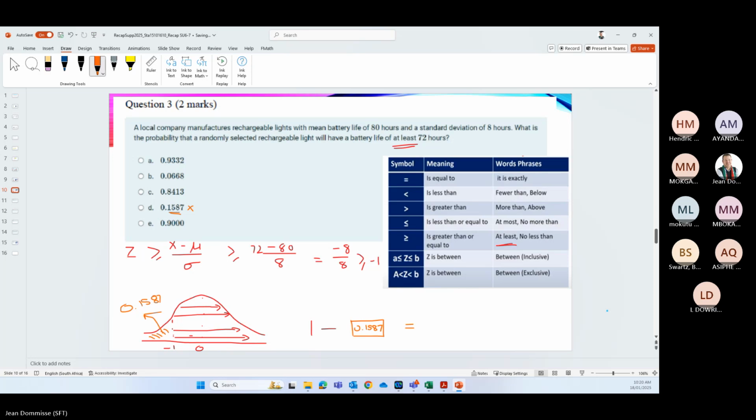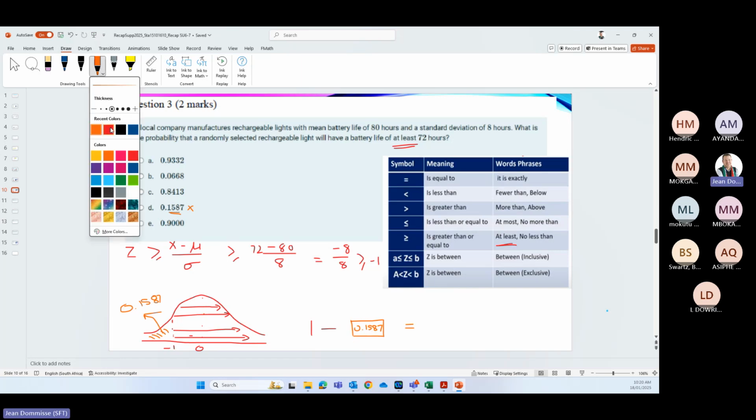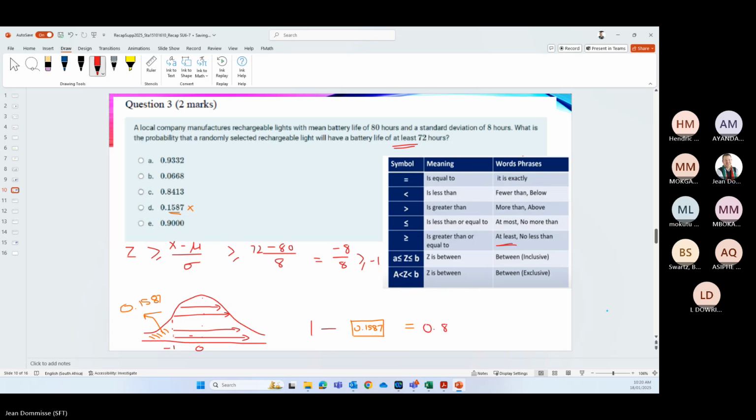They are trying to catch you out with that. If you work that out, you think, great, I've got the number, but then they catch you out a bit. So 1 minus 0.1587 gives us that red area, which is 0.8413, which is option 3.